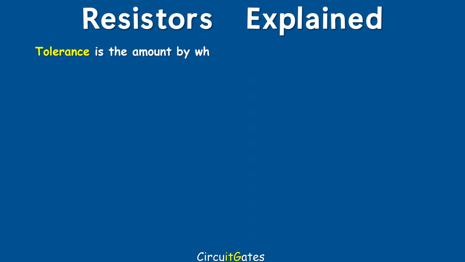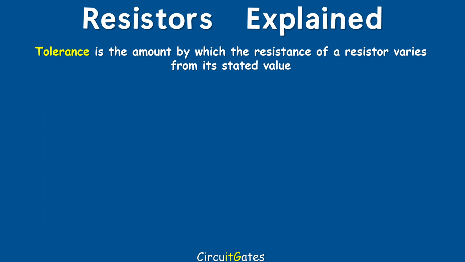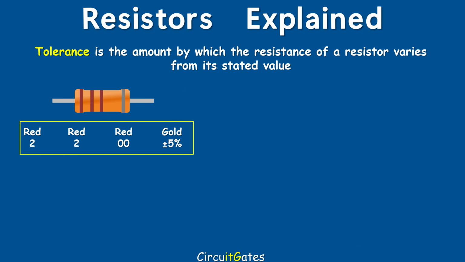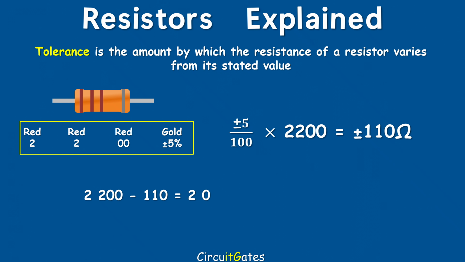Tolerance is the amount by which the resistance of a resistor varies from its stated value. For example, this 2200 ohm resistor has a tolerance of plus or minus 5%. Plus or minus 5% of 2200 is equal to plus or minus 110. 2200 minus 110 is 2090, and 2200 plus 110 is 2310.